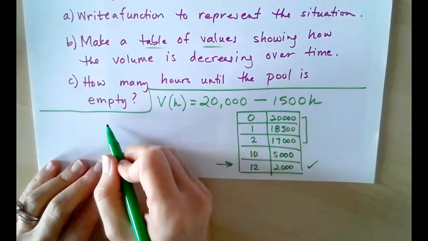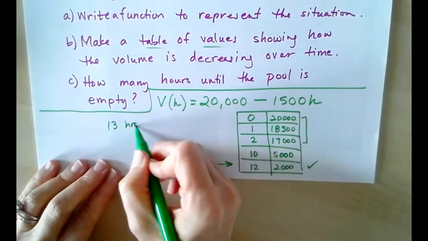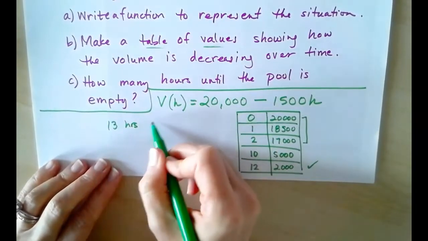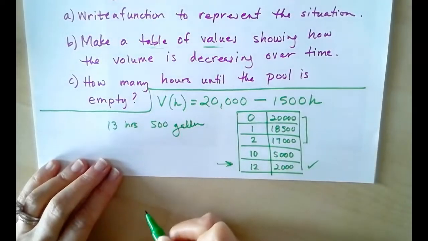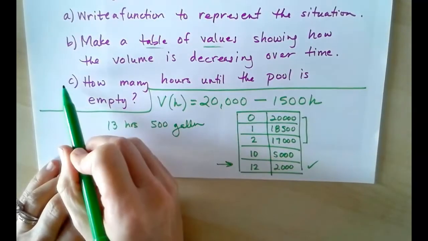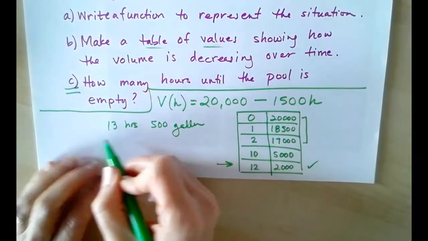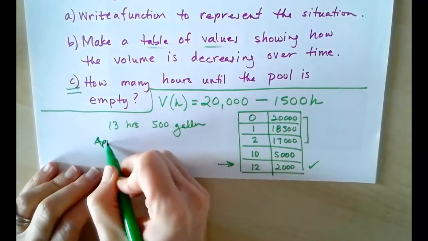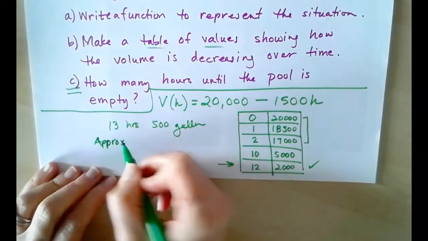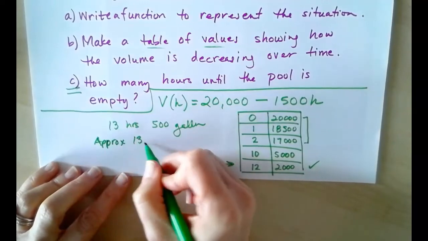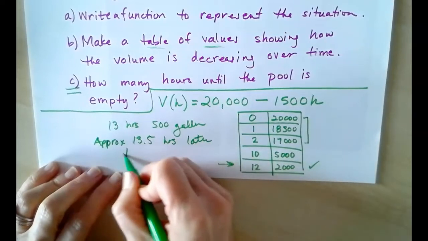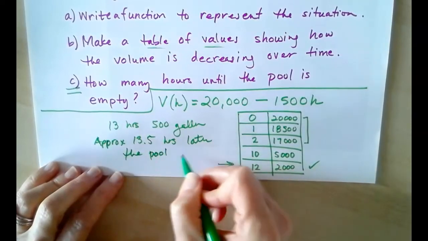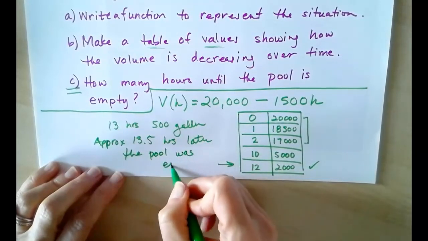So that means 13 hours later, there were only 500 gallons remaining. So that would mean for letter C, approximately 13.5 hours later, the pool was empty.